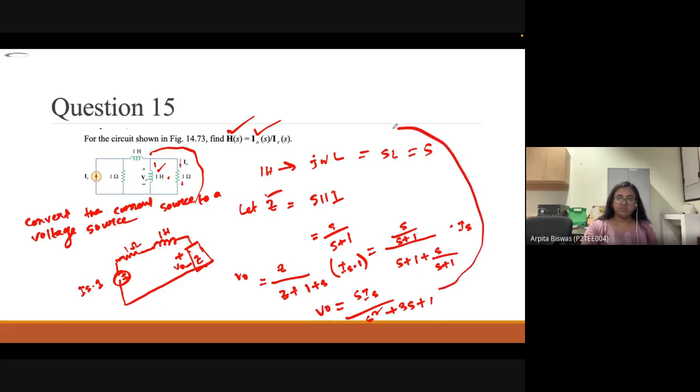Now, here. Then, what is the value of I0? I0 is flowing through this 1 ohm. So, I0 is V output by 1 ohm. So, I0 equal to Is into, now, just put the value of V0, s by s square plus 3s plus 1.